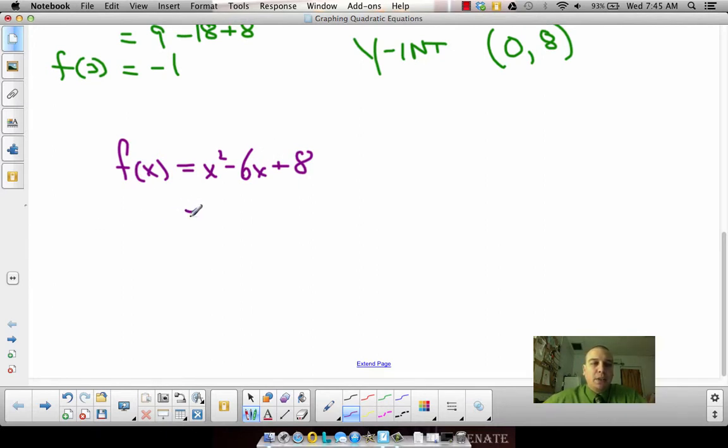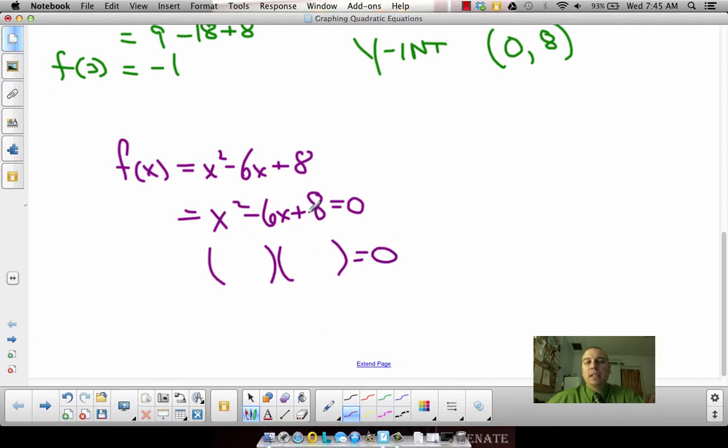All right, so what I need to do in order to find out where it crosses the x-axis, which is also known as the zeros, is set x squared minus 6x plus 8 equal to 0. Remember, we call them zeros of the function, also the x-intercepts. It's where it is 0. Well, let's see if I can factor this. This would be a lot easier if I could factor. Do I have any common values I can take out of x squared, negative 6x, and 8?